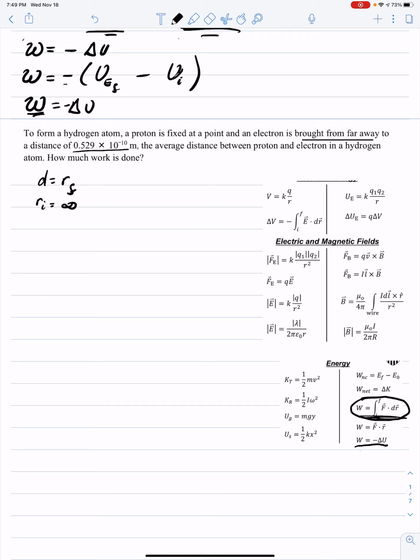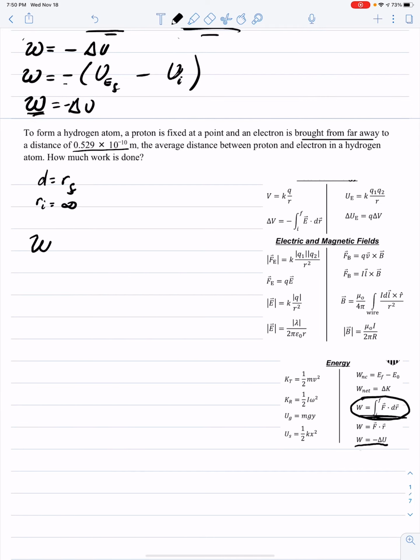But they also show that if you do it under the change in potential energy, it will give you the same answer. So let's start off by doing it the easy way. Work is equal to negative change in potential energy.